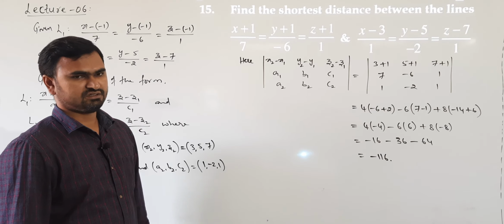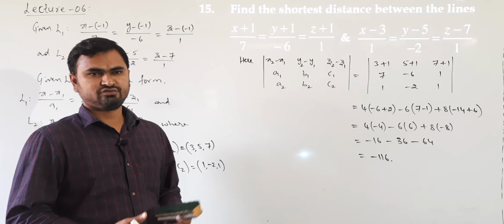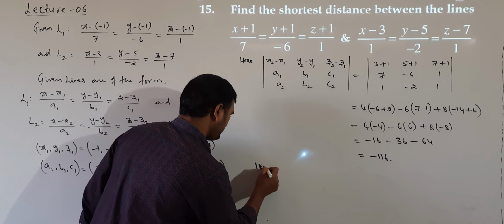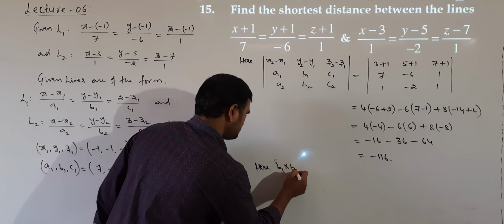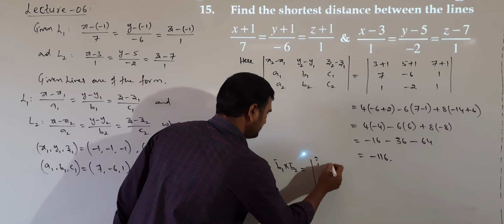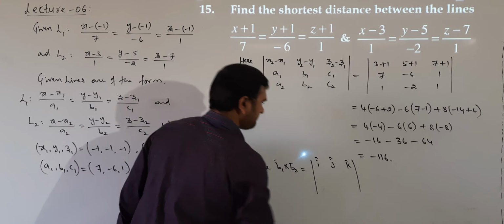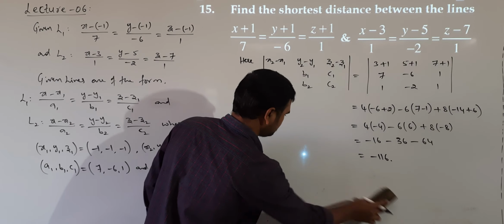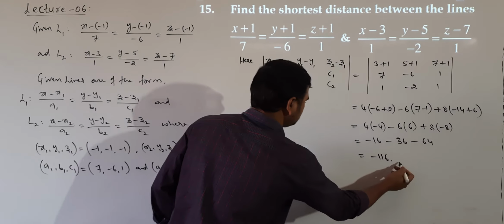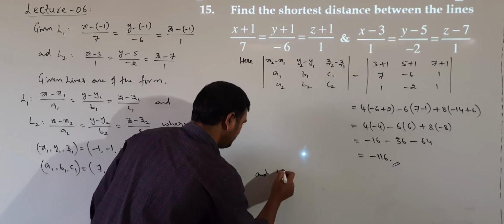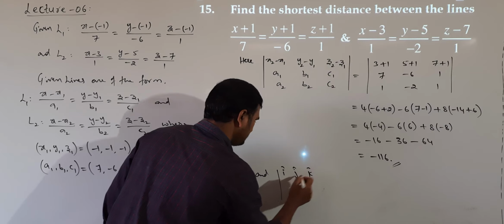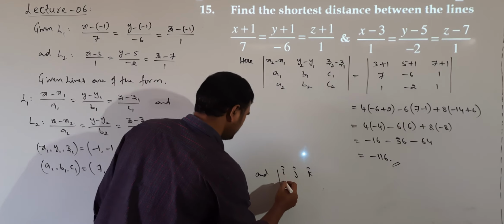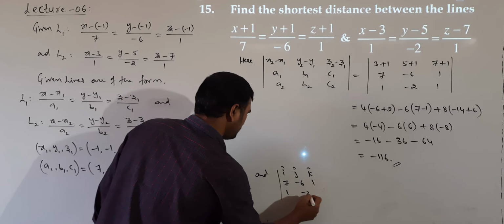Okay. Next, we need magnitude of that vector. Okay. So what is b1 cross b2 here? b1 bar cross b2 bar. It is determinant of i, j, k, a1, b1, c1, it is 7, minus 6, 1, 1, minus 2, 1.